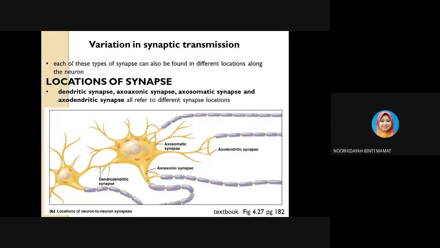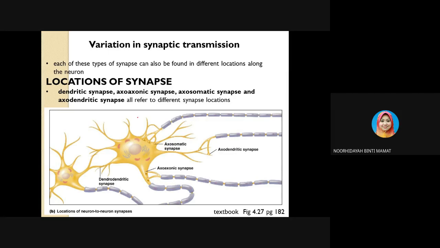Each of these types of synapse can also be found in different locations around the neuron. For example, we have the dendritic synapse. We also have the exoaxonic synapse, where the transmission of the signal happens in the axon.